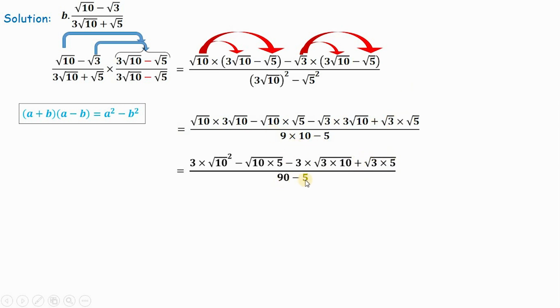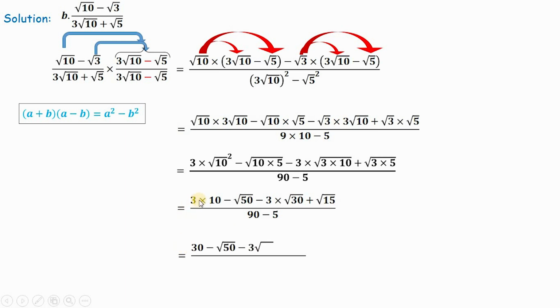So in the denominator we get 90 minus 5. Again we'll write 3, root 10 square is 10, minus 10 into 5 is root of 50, minus 3 into square root of 3 into 10 is 30, plus square root of 3 into 5 is 15. You will write it again: 3 into 10 is 30, minus square root of 50, minus 3 root of 30 plus square root of 15, by 90 minus 5 is 85.